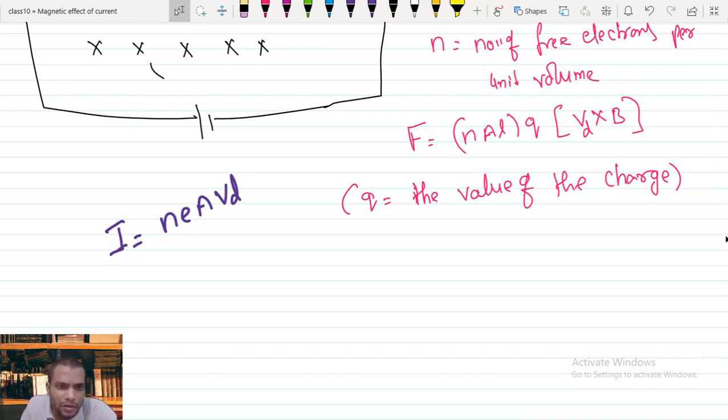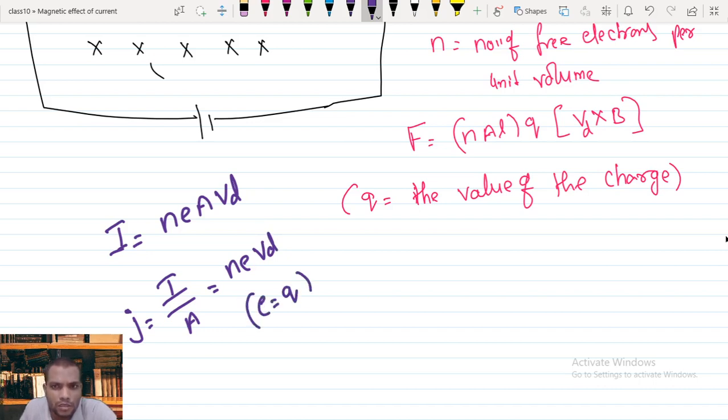From this we write I upon A, which is known as current density, little j. Current density j equals current per unit area, which equals n e Vd. Suppose here e equals Q. In this moment, the current density j equals n Q Vd.